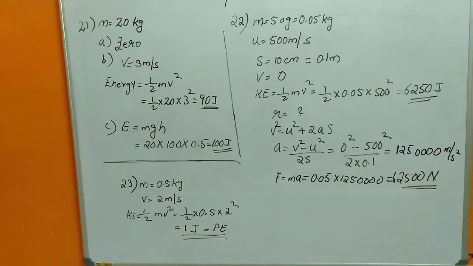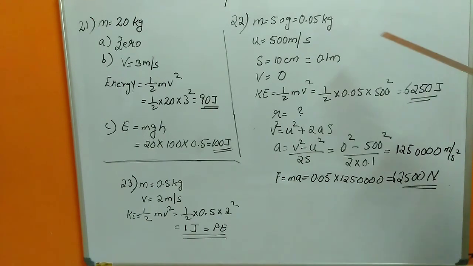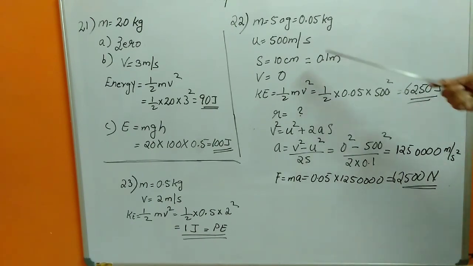Next, question number 22. A bullet of mass 50 gram. Here the bullet does not mean our Royal Enfield. Here the bullet means the bullet fired from a gun. So that bullet mass is 50 gram, converting to SI unit 0.05 kilogram. It is moving with a velocity 500 meter per second.